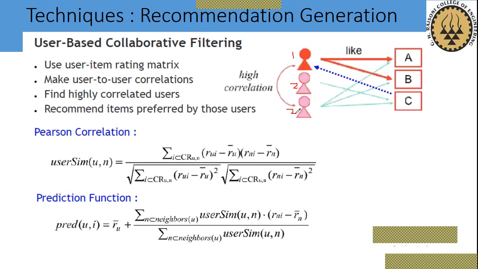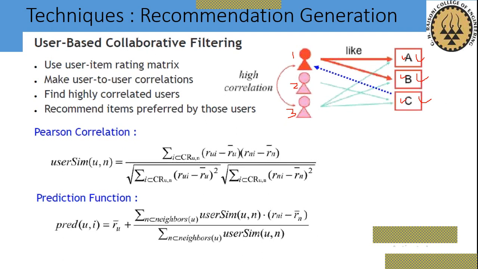So there are 3 users and 3 items A, B, C. User 1 gives the rating or shows interest in item A and item B. User 2 shows interest or rating for item C only, and user 3 shows interest in item A, item B and item C.